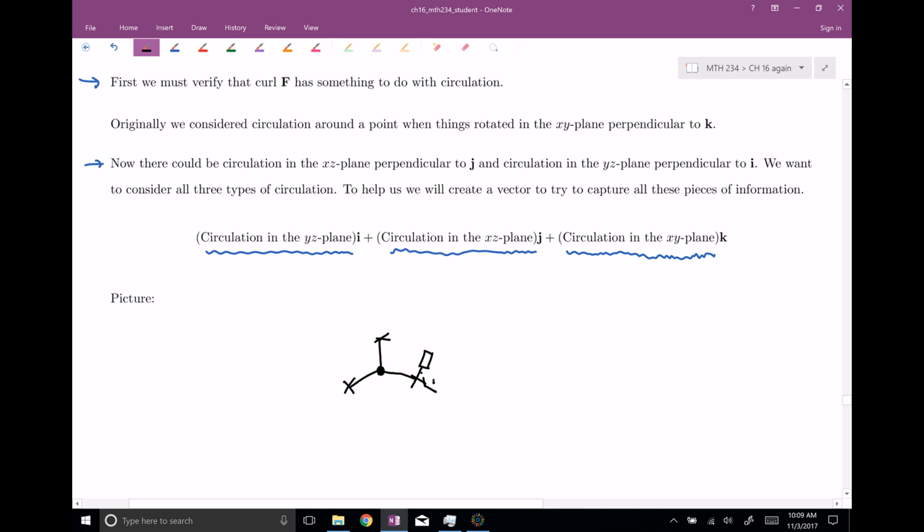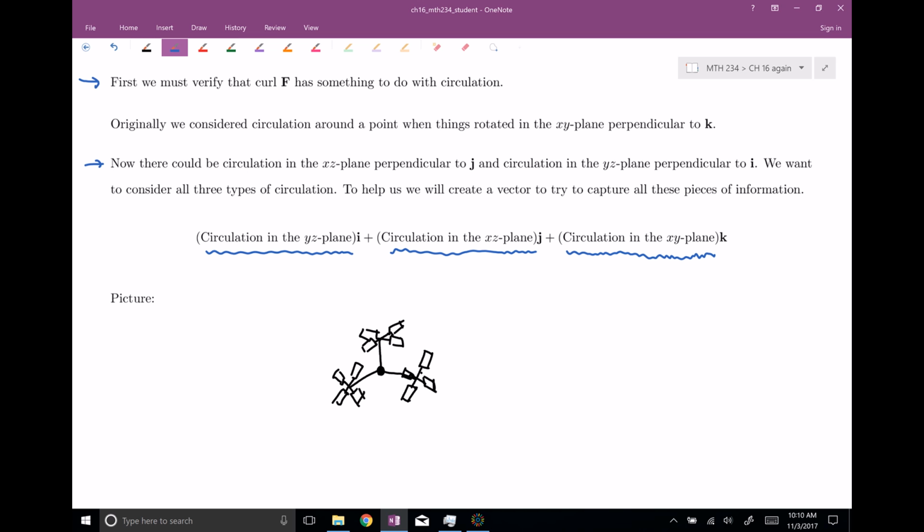I probably will not do a good job drawing these things. Okay, so something like this, we attach these little flaps to every single point in space. It's like these pinwheels that we attach to points.